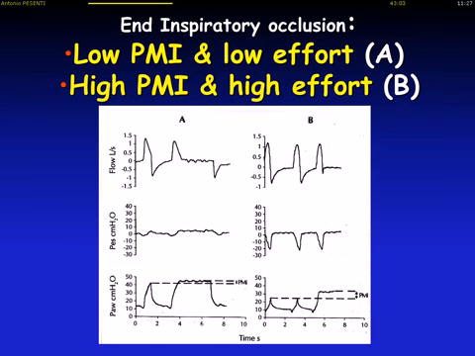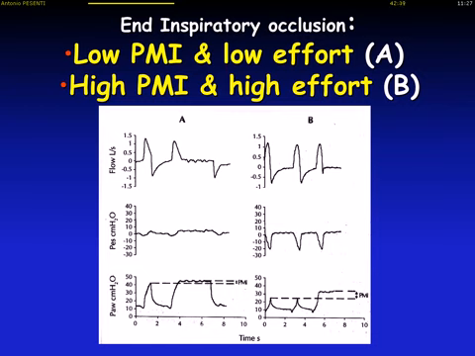Here it has a very small level of pressure support. At end inspiration, the pressure goes up 4 or 5 times more, 6, 7 centimeters of water. This is the amount of effort and of pressure that the patient muscles were doing at end inspiration.